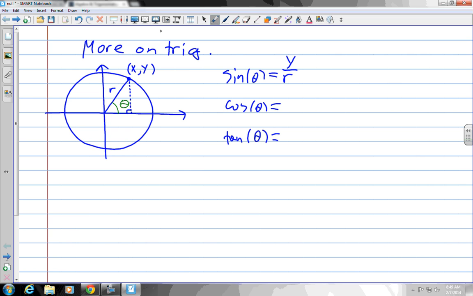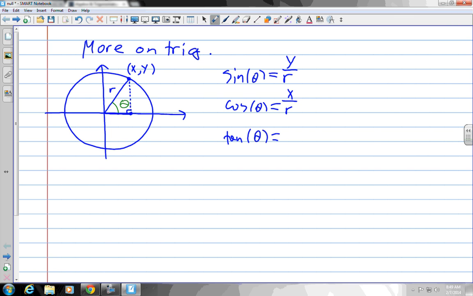Now, how about the cosine? The cosine is the ratio of the adjacent side to the hypotenuse. The adjacent side is this guy right here. And what gives me the length of the adjacent side? The x value, right? How far away is it along the x-axis? So cosine theta is simply x over r.